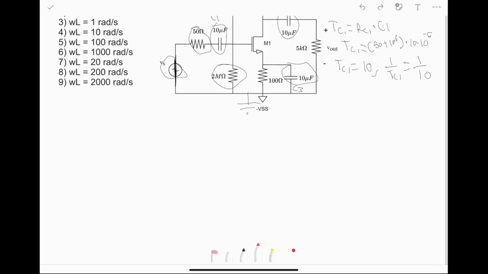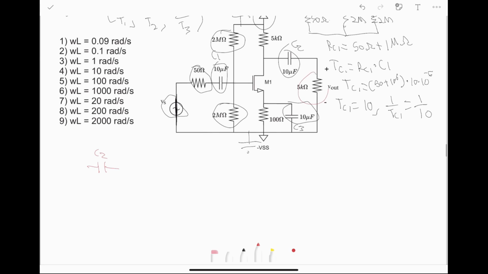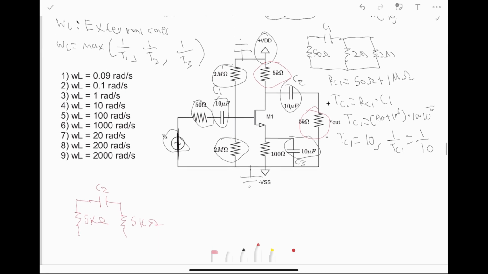For C2, we can draw it down here. We can say it sees this 5 kilo ohm resistor and this 5 kilo ohm resistor, both going to ground. And that's it.